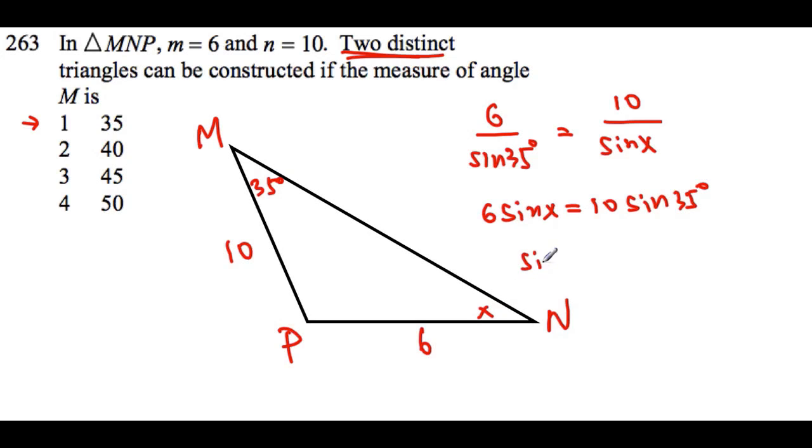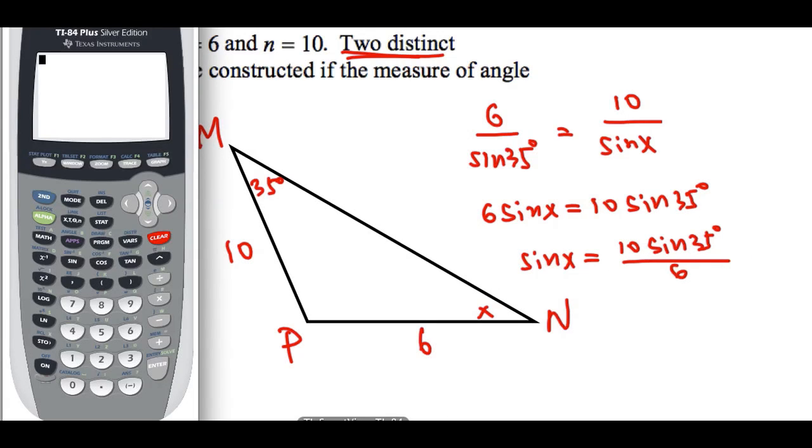Then of course, sine of x must be equal to 10 sine of 35 divided by 6. Putting that into our calculator, making sure that our mode is in degrees. 10 sine of 35, divide the whole thing by 6. We end up getting that value.